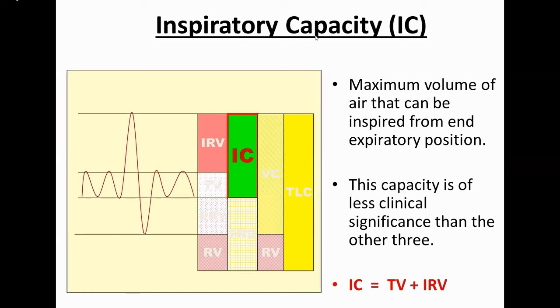So the inspiratory capacity is the tidal volume plus the inspiratory reserve volume. So we can calculate the inspiratory capacity if we have got the tidal volume and the inspiratory reserve volume. So students, by even knowing the volumes, we can come to know about the capacities by adding them together.